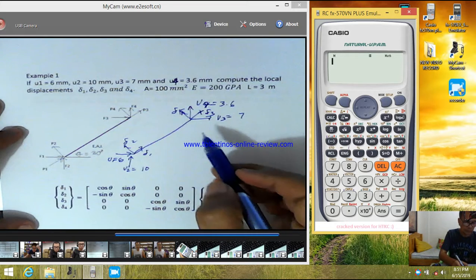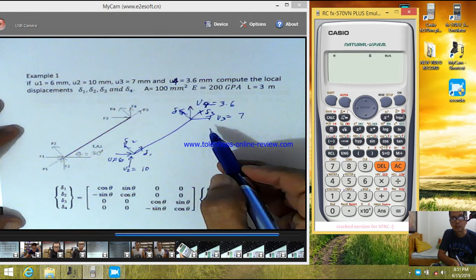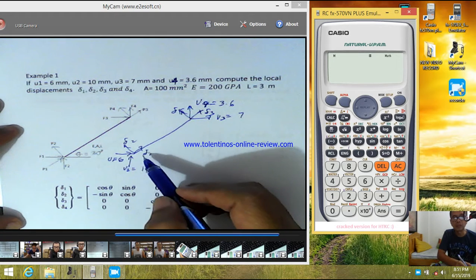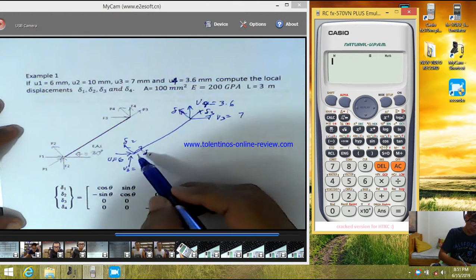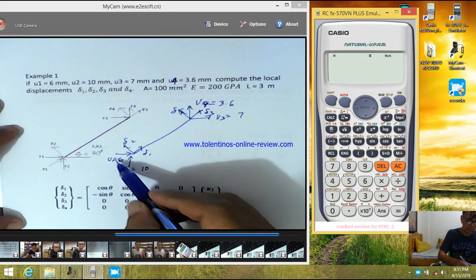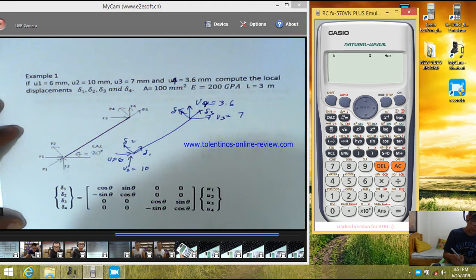So given the global displacements, we are looking for the local displacements, along delta 1 and along delta 2, given U1 and U2.